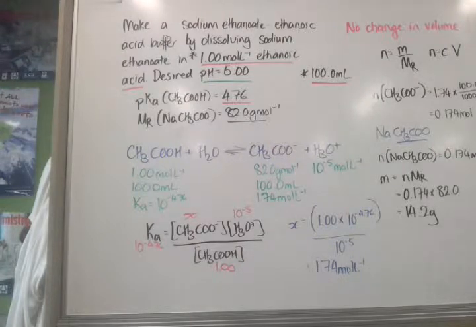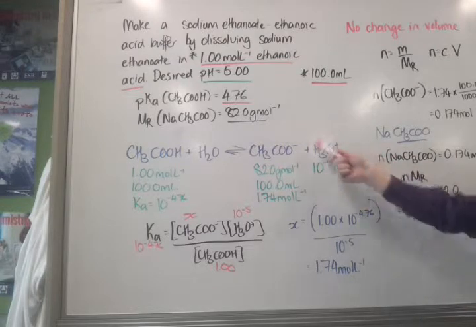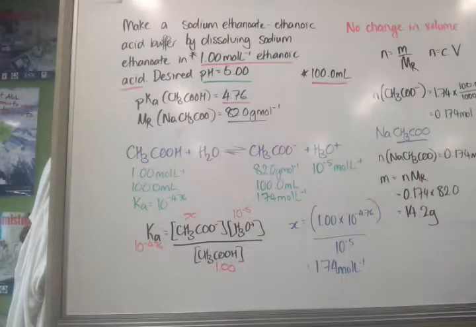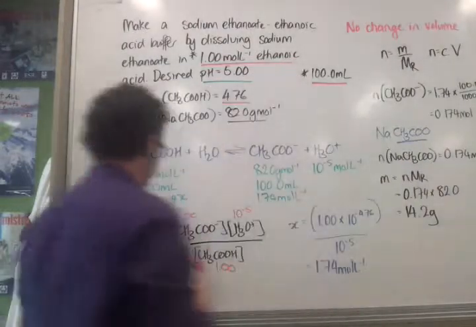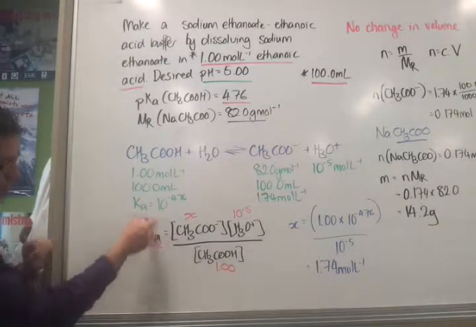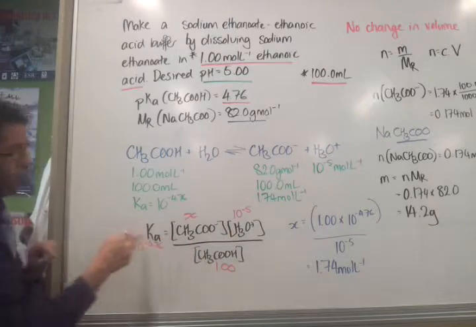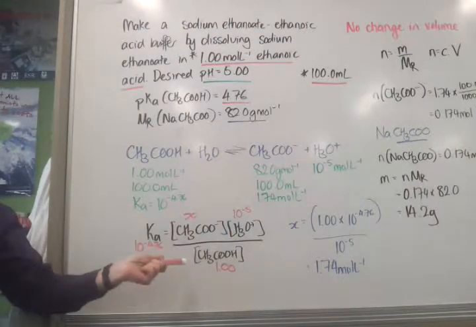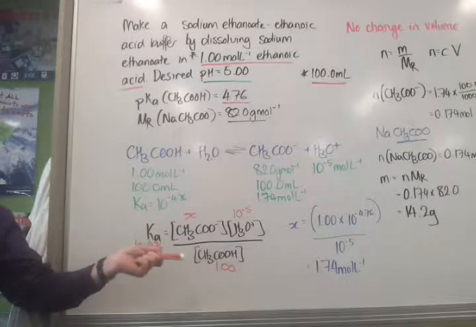Alright, so that's showing how to make one. Just to sum up, when you're asked to make a buffer, you're told the pH. The pH tells you your hydronium ion concentration. You should also be given a Ka or a pKa. That's going to be really important because that gives you those two there. One of these two will almost certainly be a solution of a known concentration.